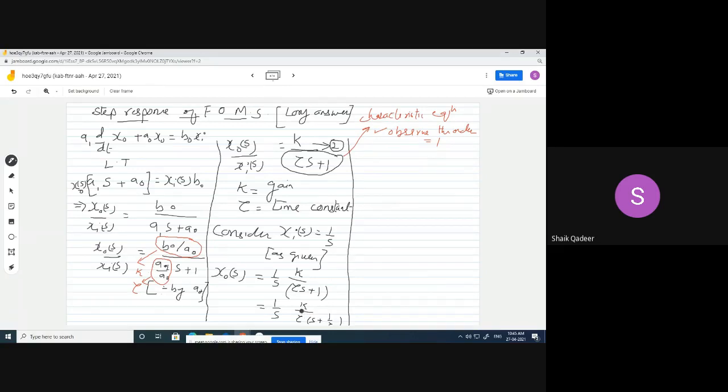Readily available formulas exist for this type of equation, not for the earlier form. That's why I am separating the tau term from s, taking tau outside, so that s is separated from tau and we have 1 by tau in the denominator. Now we have Xo of s equal to this relation. Hope it is clear to everybody.